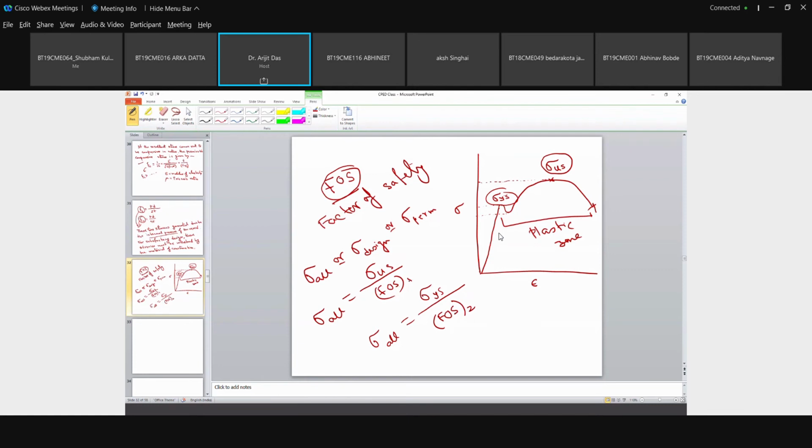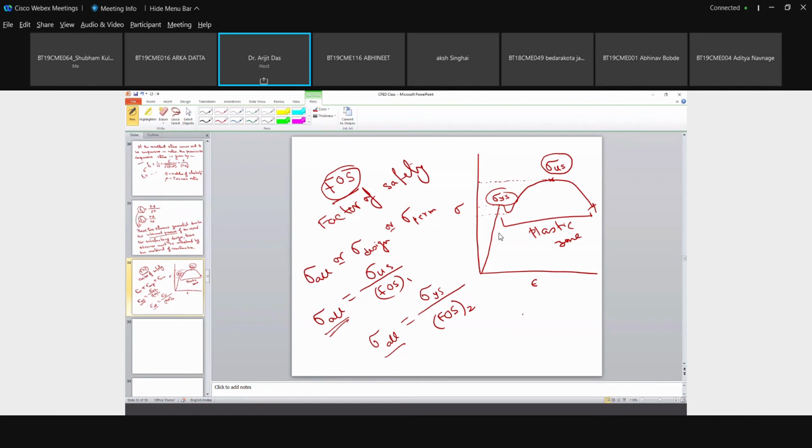That is why I gave the subscripts 1 and 2. The values will be different. If we consider the ultimate stress, the value will be higher. By this we define the design stress, which value you will take in the design of your problem, or the allowable or permissible stress.